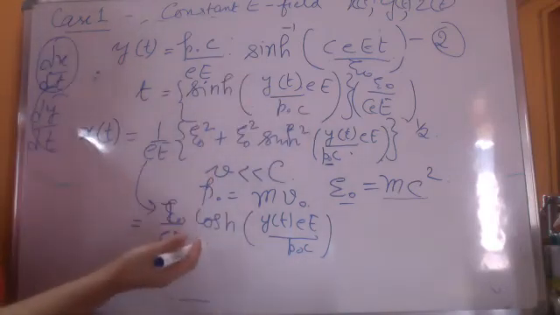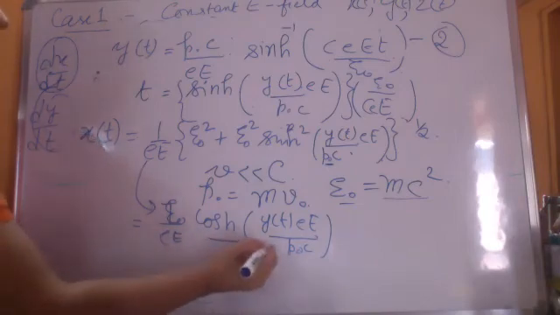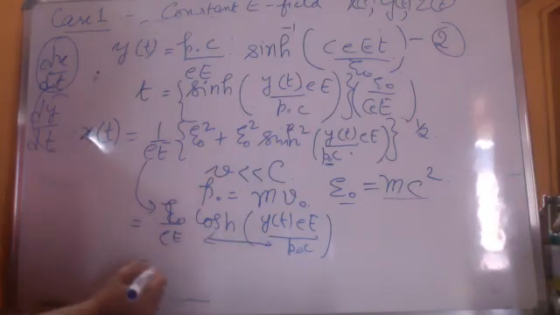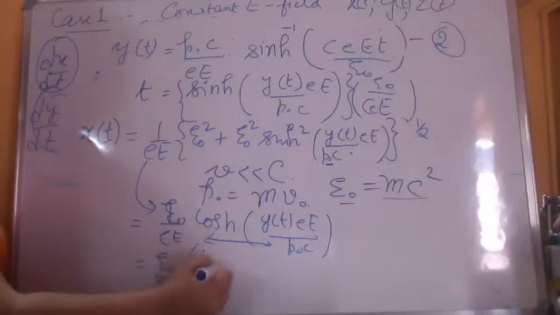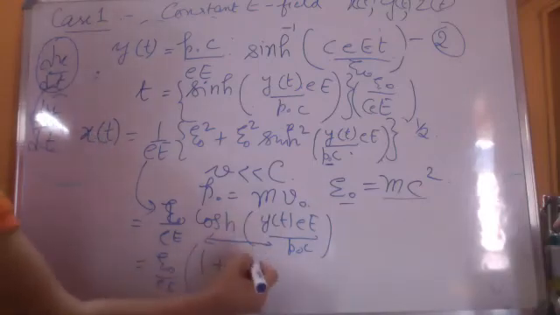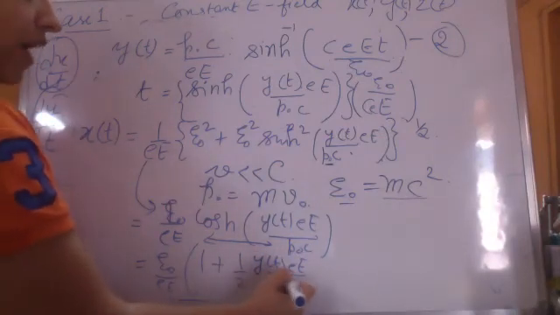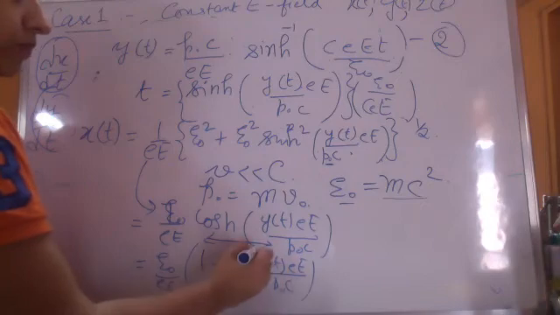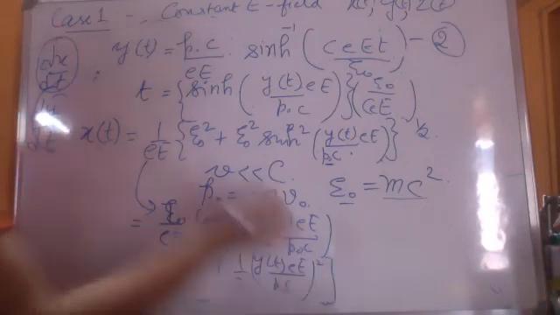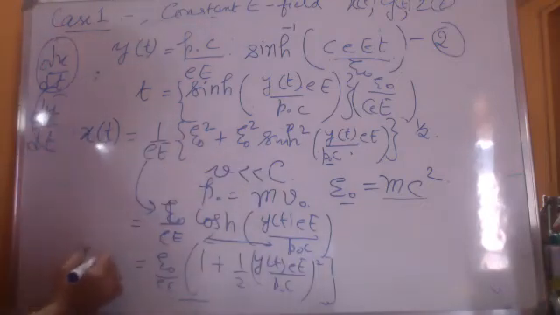Now the expansion is even simpler. What is the expansion for cos hyperbolic? The cos hyperbolic expansion will simply be equal to 1 plus half the square of this term, x(t).